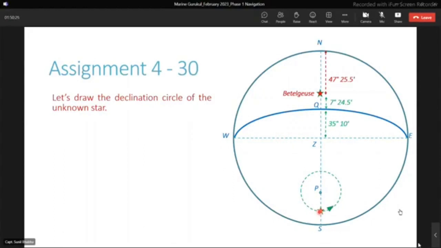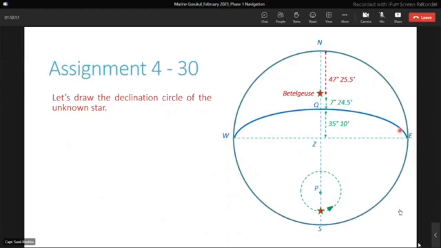The star will be moving in this particular direction. Now, whenever you want to check the direction in which the body will be moving, consider that we have a celestial body on the equinoctial. Now that celestial body will be rising at point E, moving along the equinoctial, and it will be setting at point W. All the bodies rise on the eastern horizon and they set on the western horizon.